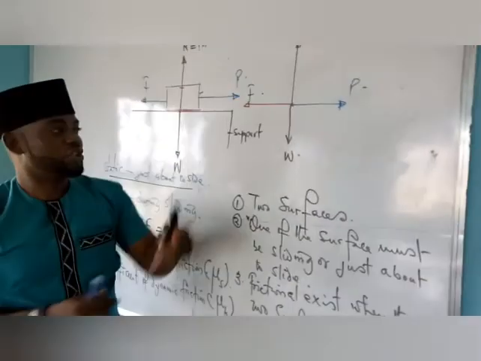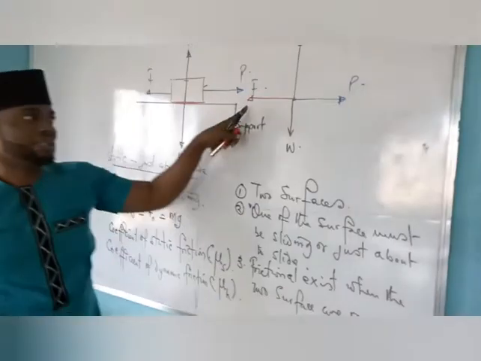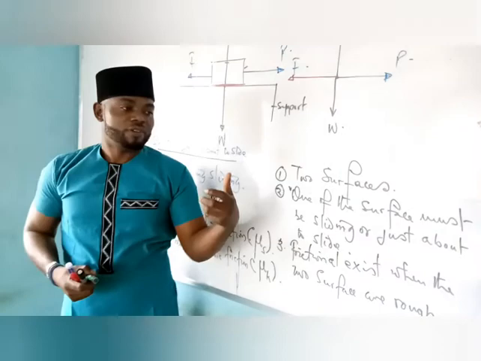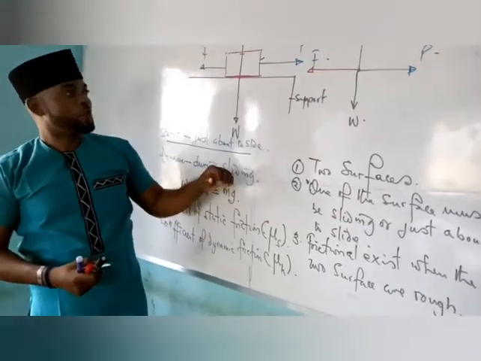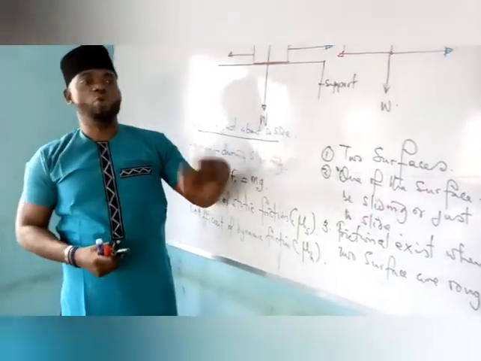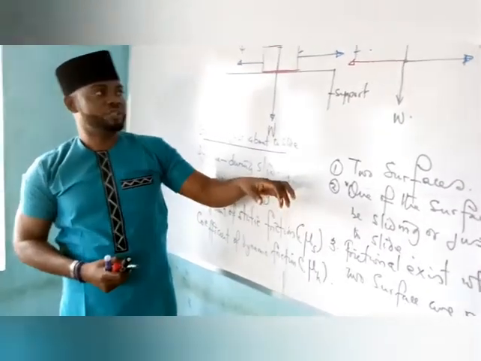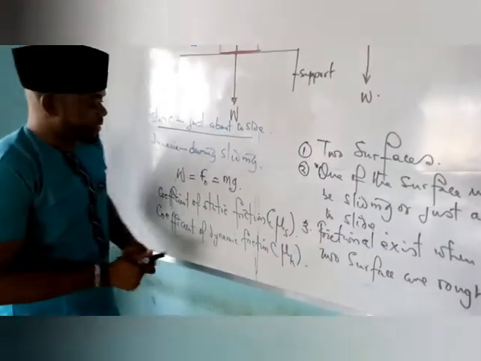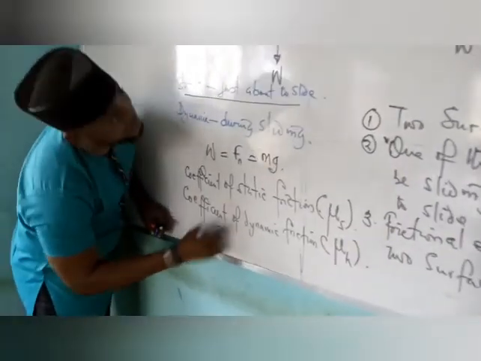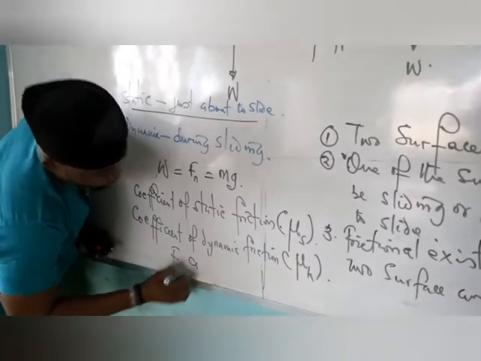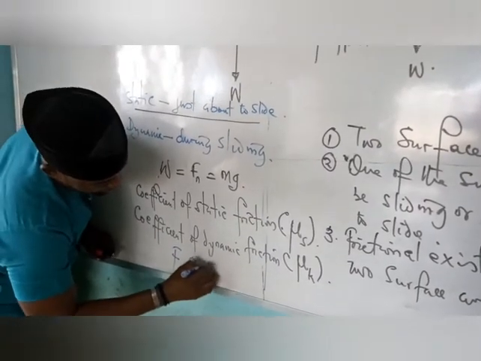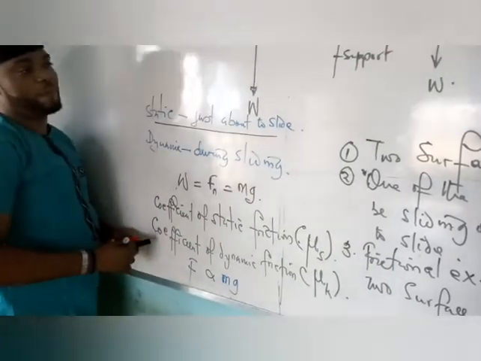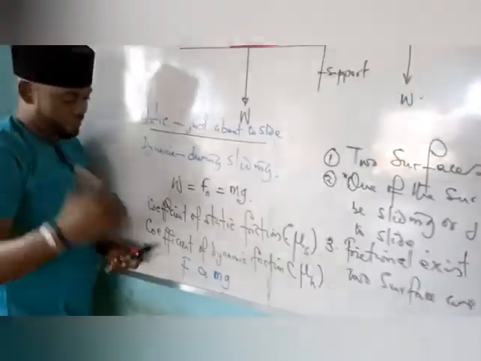This is the normal reaction, the weight, the applied force, and then the frictional force. One of the principles of solid friction is that the normal reaction is directly proportional to the frictional force. So by that principle, frictional force F is directly proportional to the normal reaction, which we know as normal force, which is equal to mg, by the principle in the previous class.